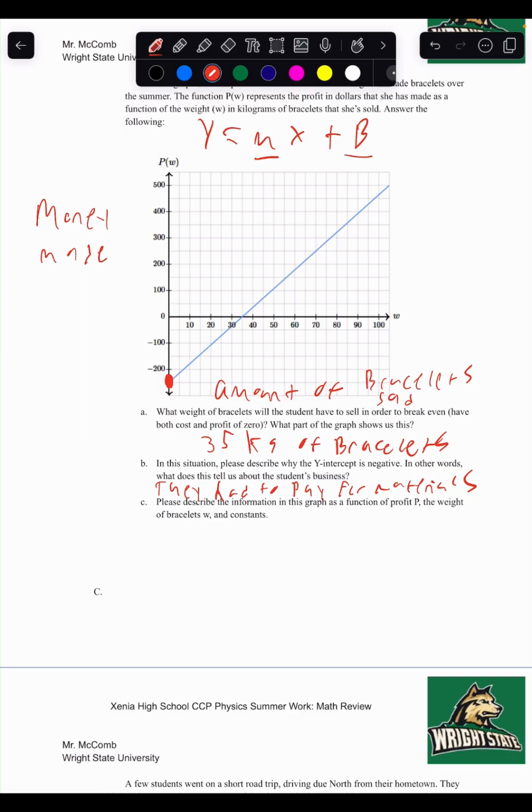So you can input a y or you can input an x and get the other value from this equation, is the idea. So here we want to know, what is our y-axis? Our y-axis is profit, so that's going to be a P. M is the slope of this line, which we can calculate. Calculate the slope of a line by choosing any 2 points and using the slope formula on them.